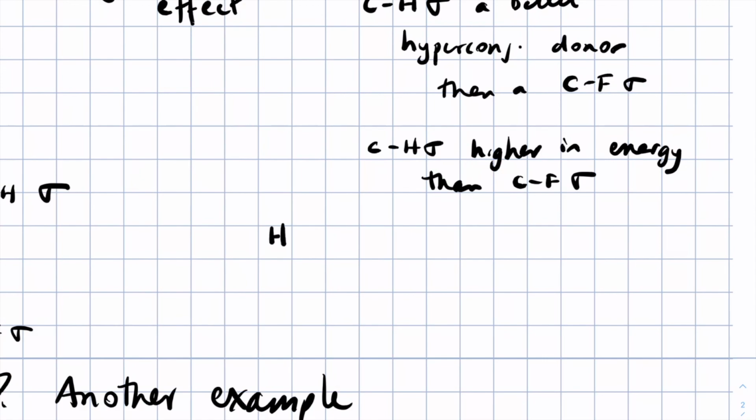My understanding is that hyperconjugation is originally a valence bond theory concept, which says that these no-bond resonance structures are important.